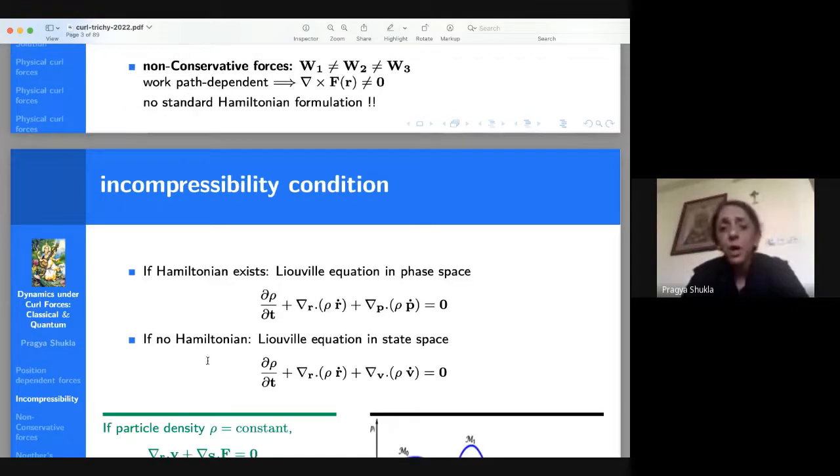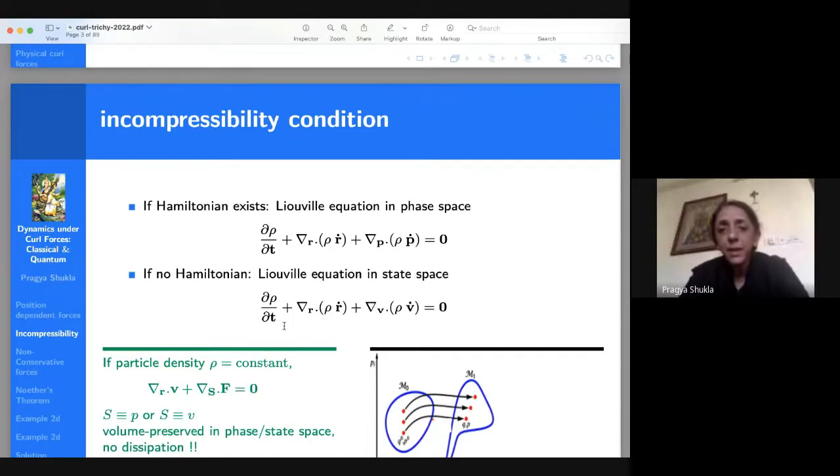However, if there is no Hamiltonian, naturally you cannot discuss the phase space formulation. Then we think about the state space, the Newtonian space. And then you have del rho by del t, and this part of the equation remains the same. However, instead of p dot, now you have v dot, where v is the velocity. So if a Hamiltonian exists, this is the Liouville equation. If no Hamiltonian, this is the Liouville equation.